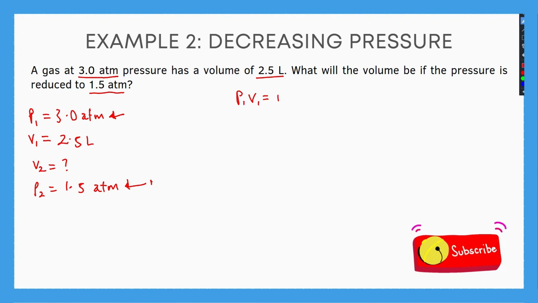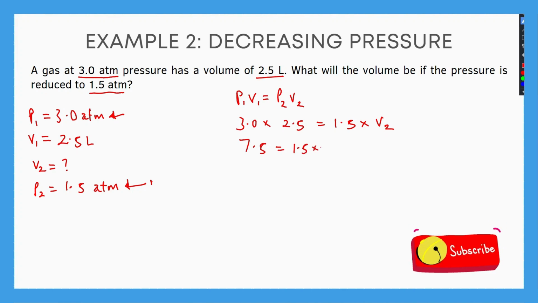P₁V₁ is equal to P₂V₂. So in this case, P1 is 3.0 multiplied by V1, which is 2.5. This is equal to P2, which is 1.5, multiplied by V2. So 3.0 multiplied by 2.5 gives us 7.5, which is equal to 1.5 times V2.